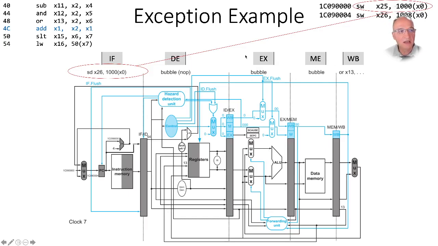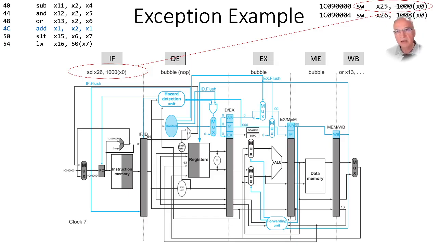That is the add, the set less than, and the load will become a no-op instruction. Those no-ops will propagate through the entire pipeline to the end, but they will have no effect on the state of the program, and then the execution of the handler is going to start. So this is a very simple way to handle exceptions in the pipeline.